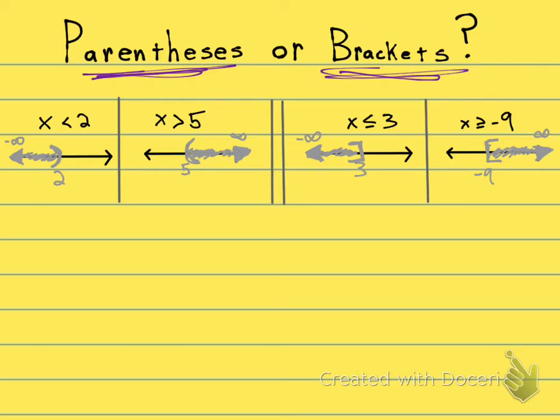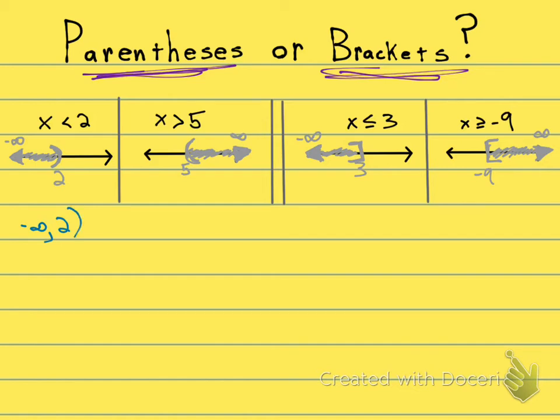Now, to do interval notation for this, if it is only one interval, pretty much what you see in the graph comes straight down. I have one shaded interval here, and that interval starts at negative infinity and goes to 2. Right? See how they just come down? I see that my 2 has a parenthesis, so I'm going to use a parenthesis.